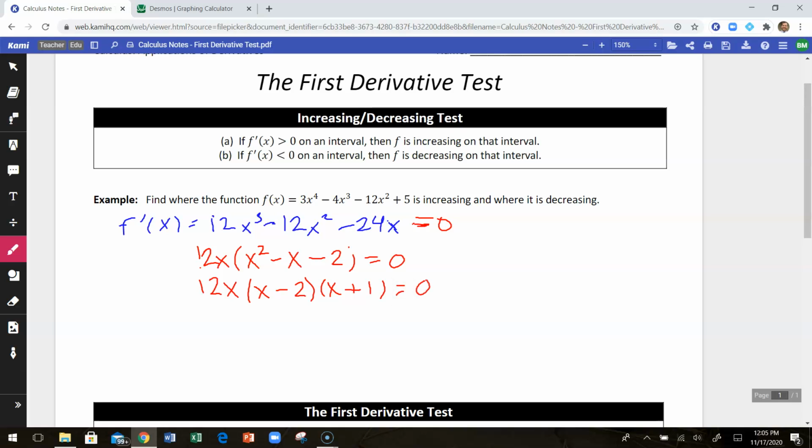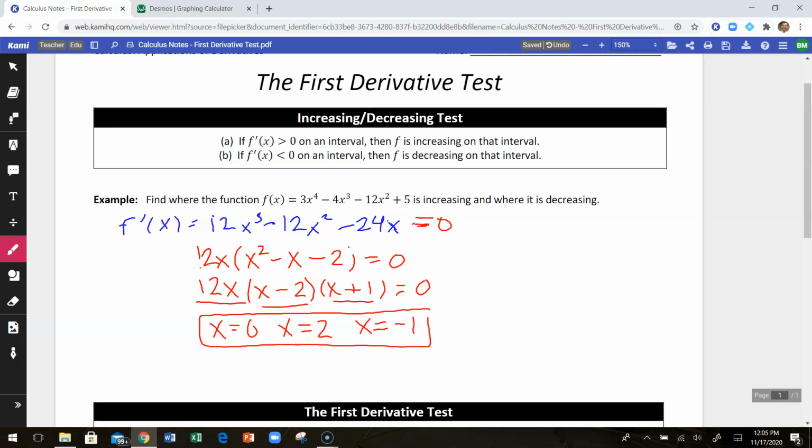And then if I set those each equal to 0, I'm going to get x equals 0, x equals 2, and x equals negative 1. Okay, now with those numbers, I'm going to then make a number line. I'm going to put those in order, negative 1, 0, and 2.